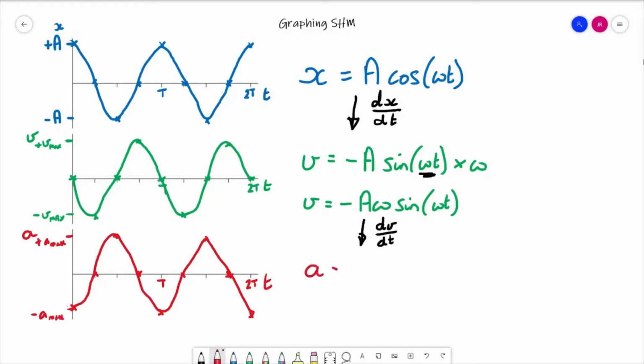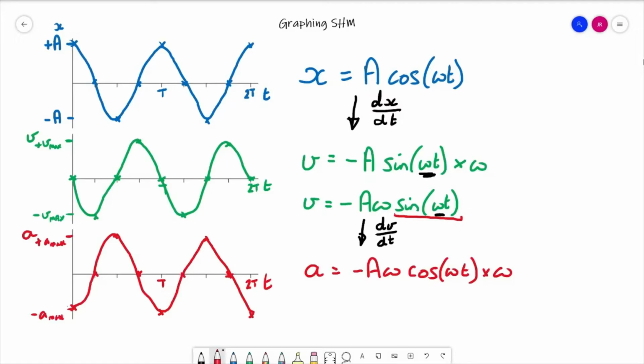So a is equal to, well, the negative a and omega, all of those are constants, so when we differentiate, nothing happens to those, they just stay where they are. What we're left with then is the sine of omega t bit, and when we differentiate sine we get cos, so minus a omega cos of omega t, but once again we need to differentiate what's inside the sine, and therefore we're multiplying by another factor of omega.